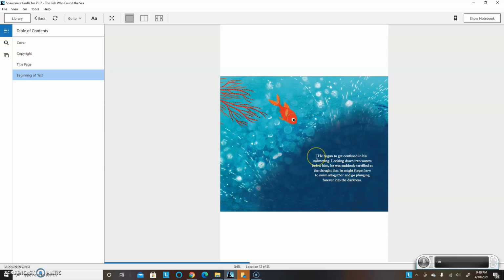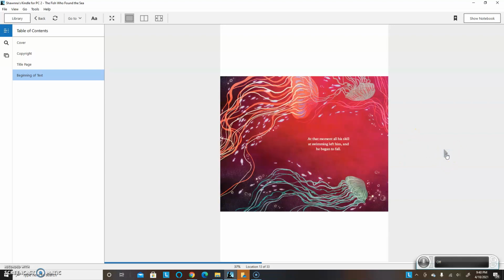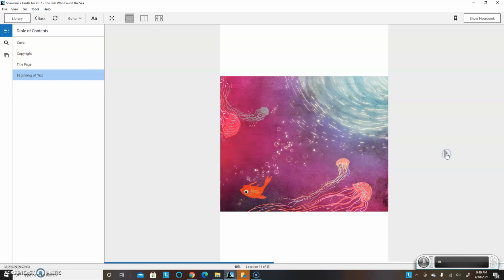So I would read the students, "And then he began to get confused in his swimming, looking down into the waters below him. He was suddenly terrified at the thought that he might forget how to swim altogether and go plunging forever into the darkness." There he is, sinking underneath the water.